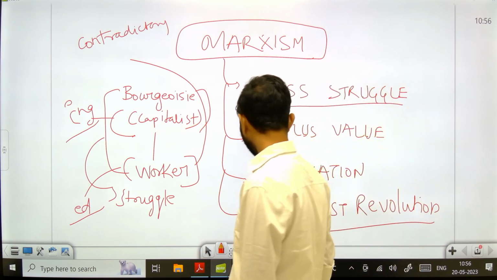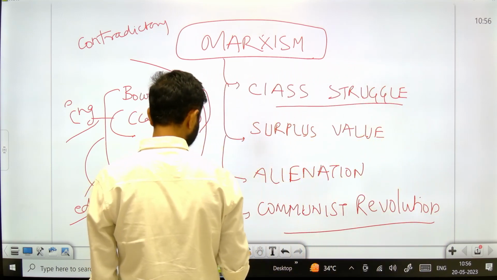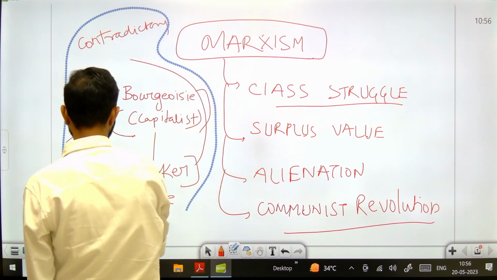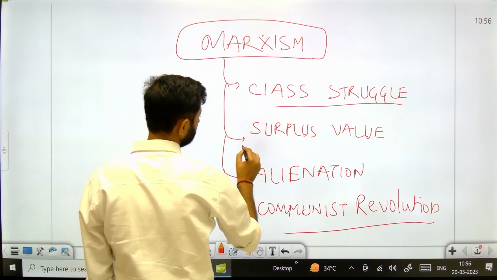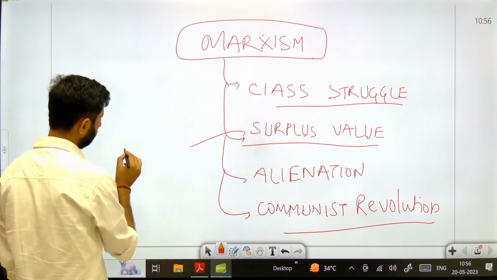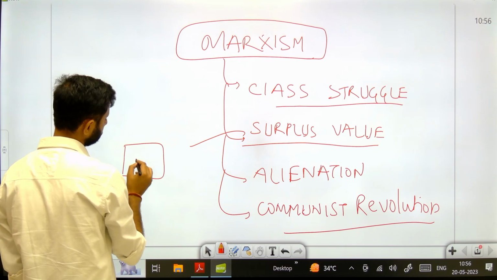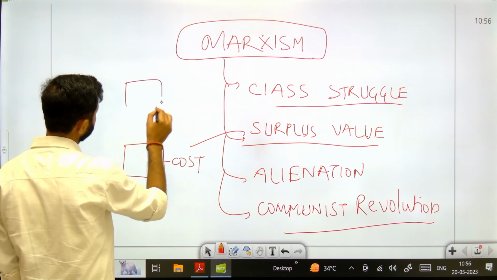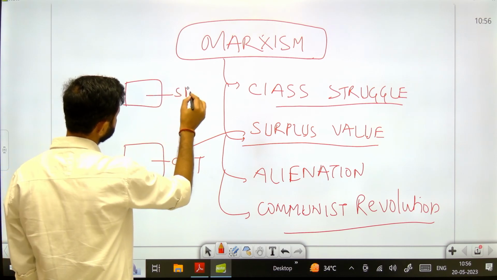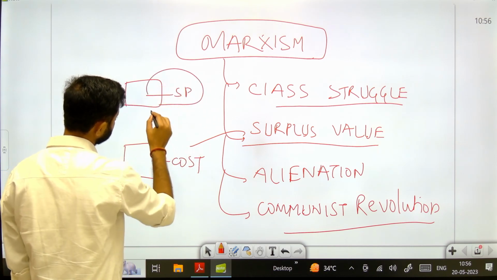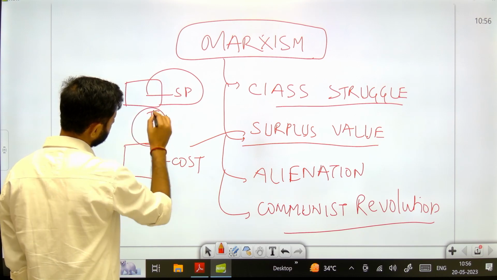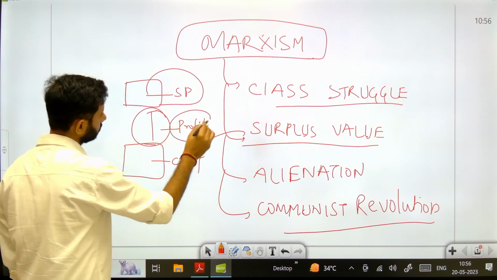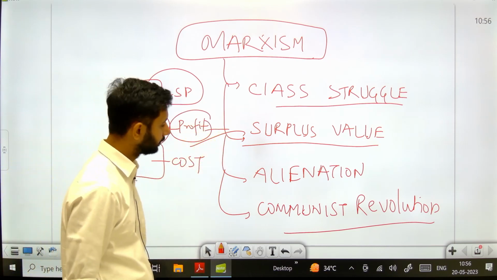Now let's understand the concept of surplus value. Whatever the worker makes, and whatever selling price the capitalist sells at, the profit is known as surplus value.